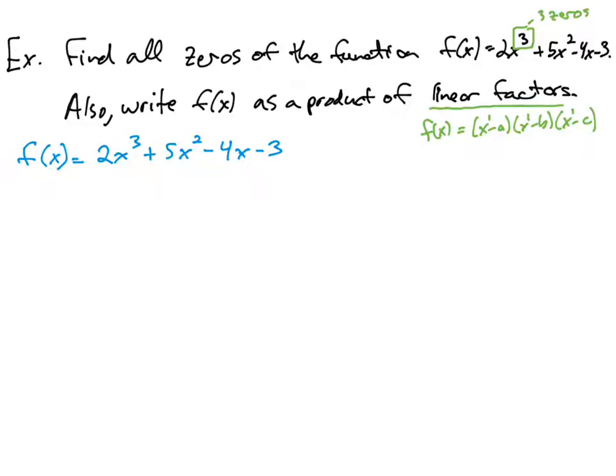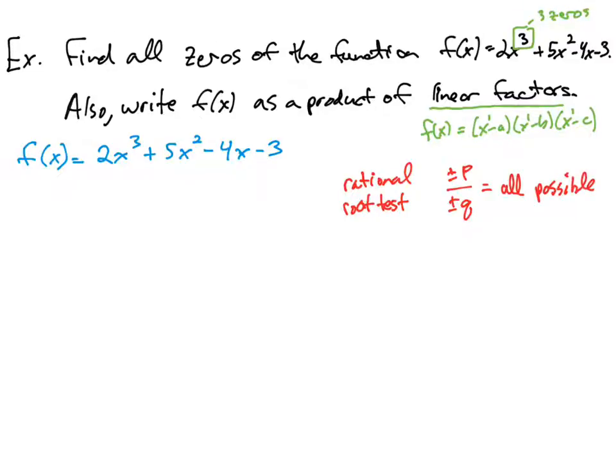Also, this is not a quadratic, so we can't use the quadratic formula. This isn't going to factor very easily, which is what we just saw. So we need a new strategy, and this is when we use the rational root theorem, or the rational root test. The rational root test says that plus or minus p over plus or minus q gives us all the possible rational roots.